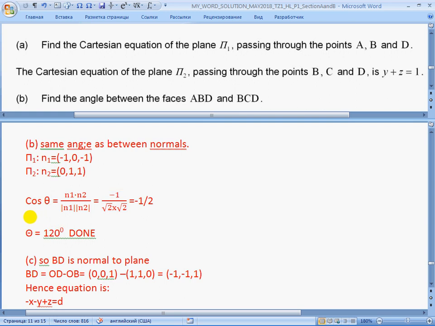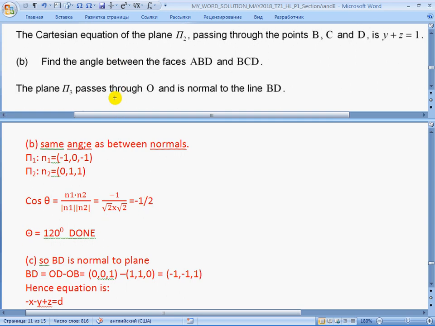So one normal we found ourselves, another normal we see from the equation of the plane. X is 0, so 0, 1, 1. And to find the cosine, we take the dot product of the two vectors divided by the product of their magnitudes. So cosine will be minus half, so the angle is 120.